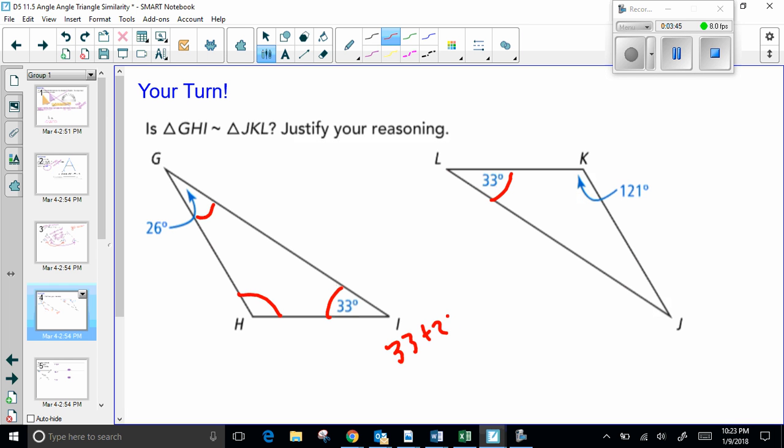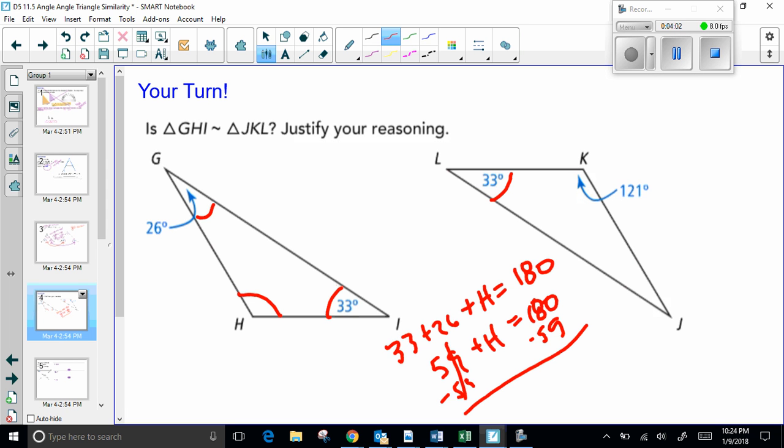33 plus 26 plus h, or the measure of angle H, is going to make 180. Well, this is 59 plus something equals 180. A lot of you guys are doing that math in your head. I'm going to finish solving the algebraic equation. H is equal to 121.